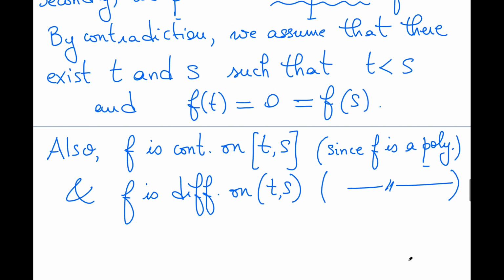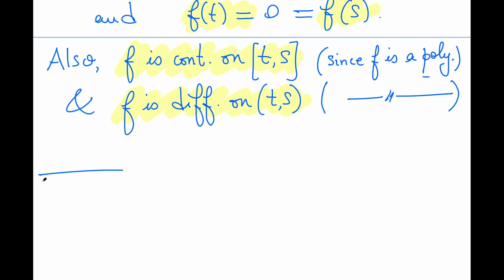So all three conditions of Rolle's theorem are verified. Let me highlight them for you. This is equal to that, so f of a is equal to f of b. f is continuous on [a, b], and f is differentiable on the interior of (a, b). So I can now apply Rolle's theorem.